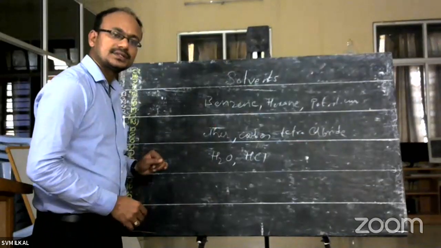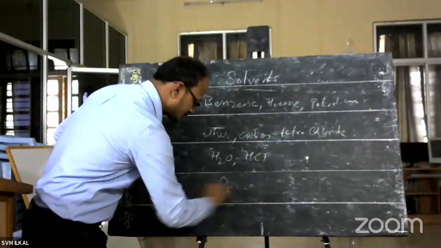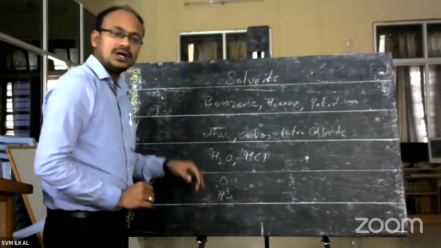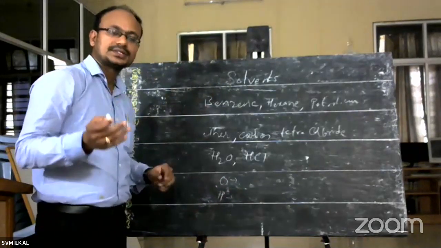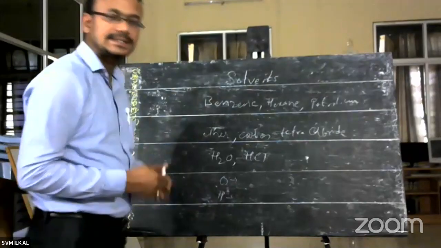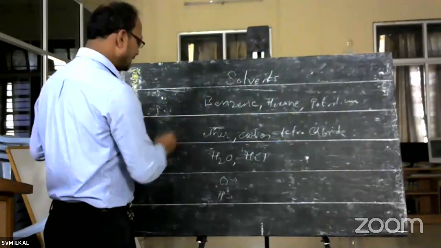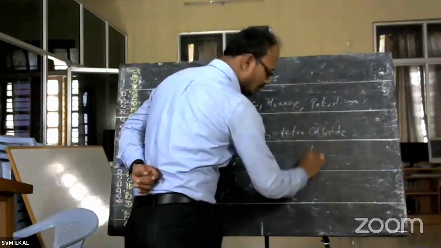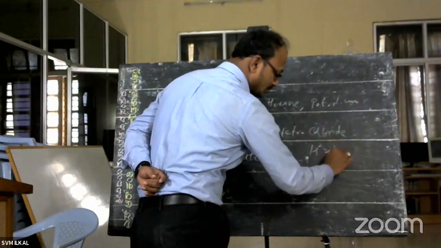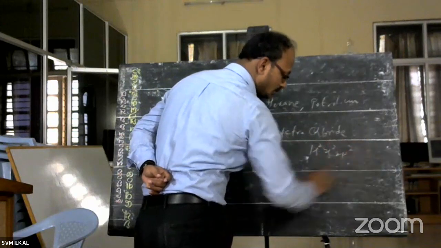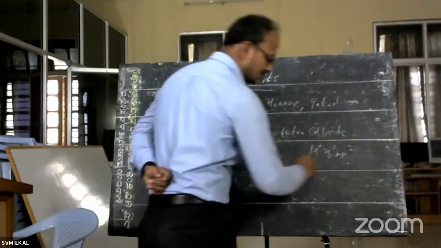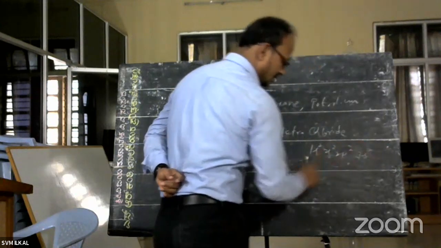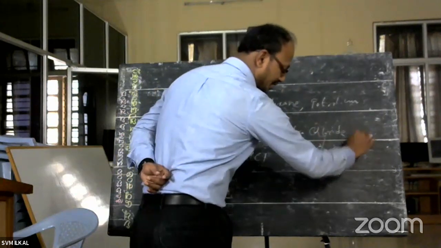As we know, oxygen and hydrogen: the atomic number of oxygen is 8. If you write the electronic configuration of oxygen, it would be 1s2, 2s2 and so on, first shell, second shell.